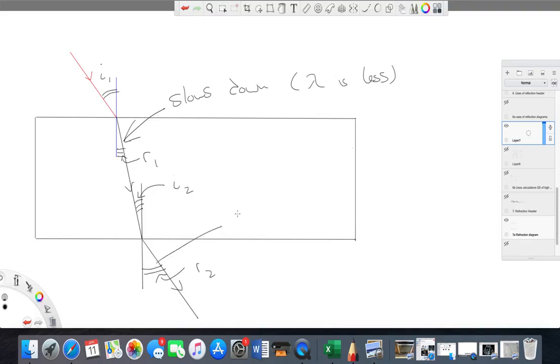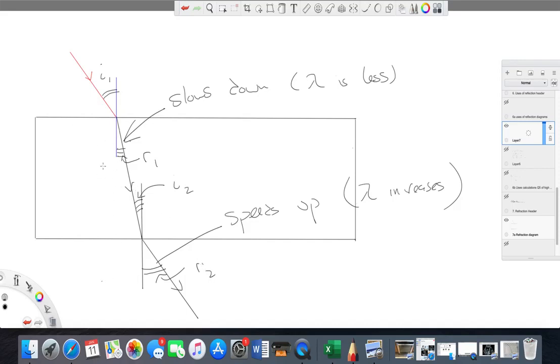And here, it speeds up, bends away from the normal, so lambda increases. So, going from air into glass, light slows down, going from glass into air, it speeds up again.